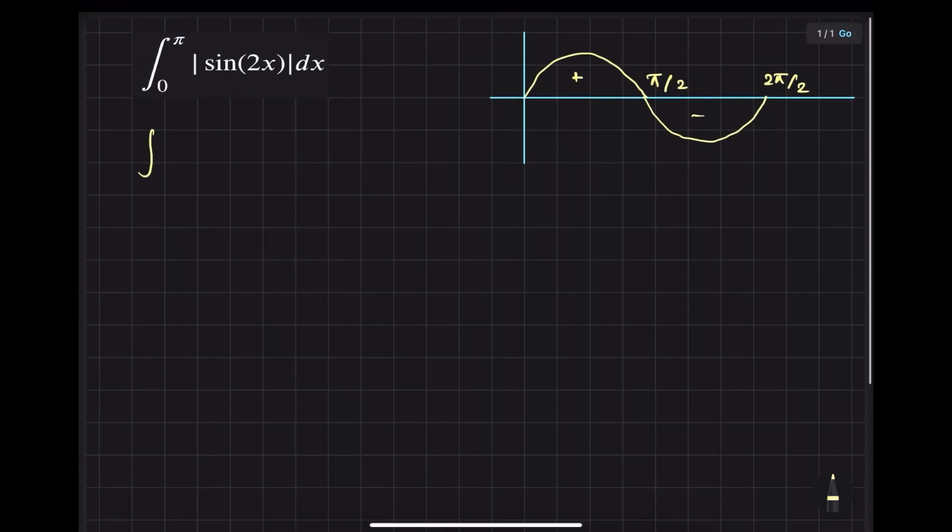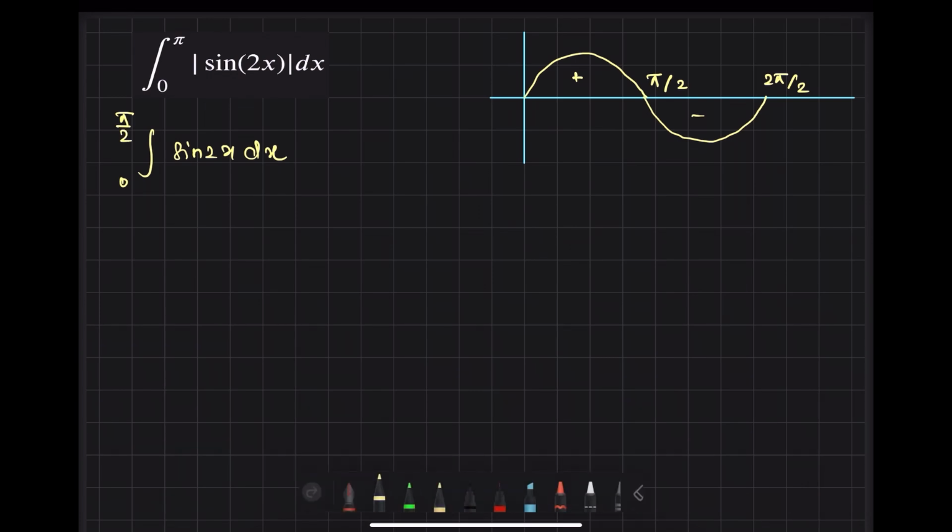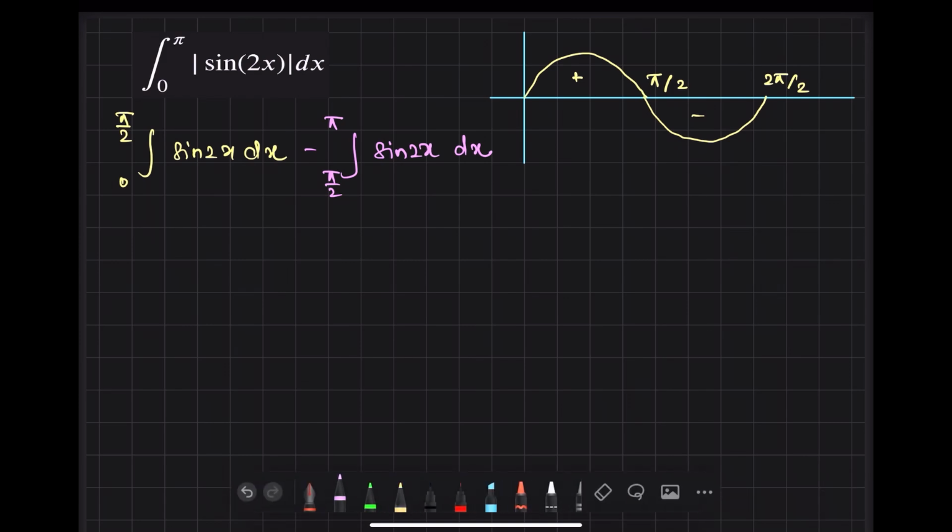It is integral of sin 2x dx with positive sign from 0 to pi by 2. In the next part, the function will open with a negative sign, so minus, pi by 2 to pi, and this time we will have sin 2x. Now we are good to go with integration.